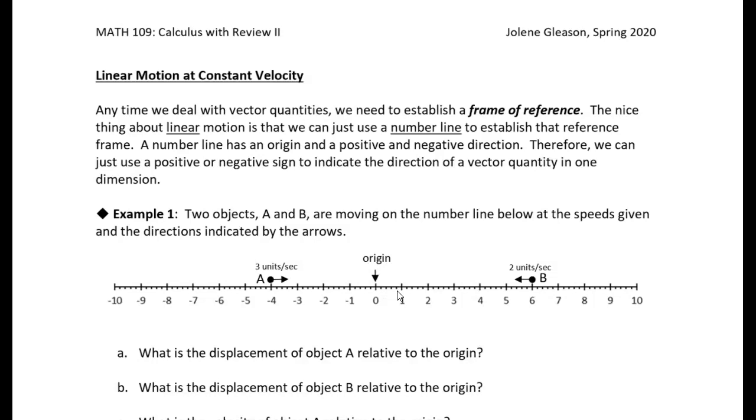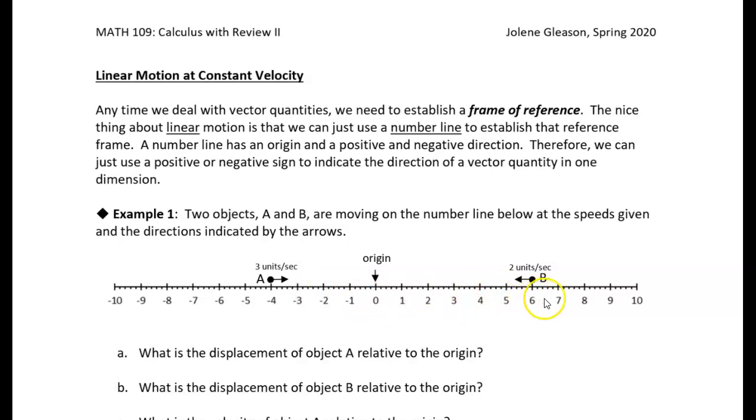On a number line, we have an origin, right? And everything on either side of the origin is measured with respect to the origin. So if we're here at 6 on this number line, we're 6 units away from the origin, right? And then we also have a direction.